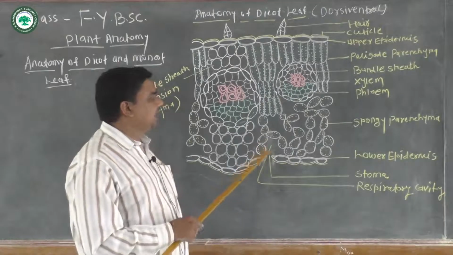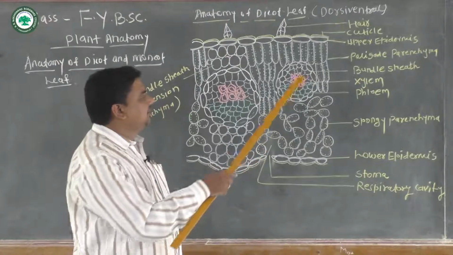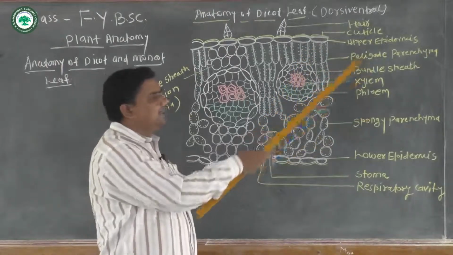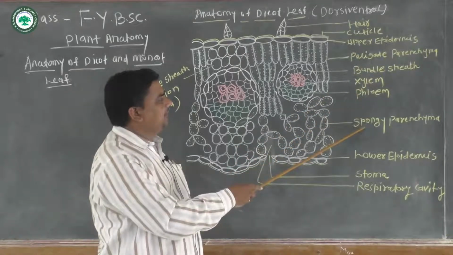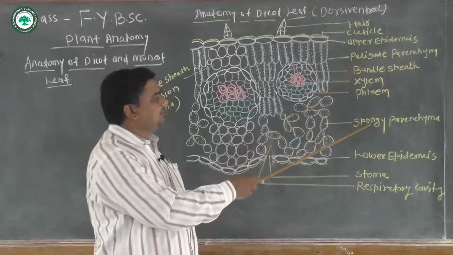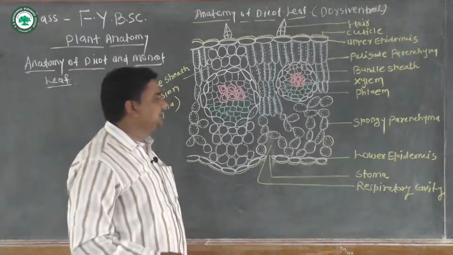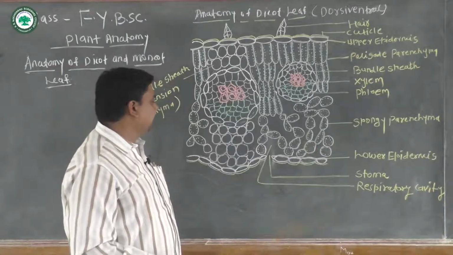In case of the particular dicot leaf, the mesophyll region is made up from the palisade and spongy parenchyma.